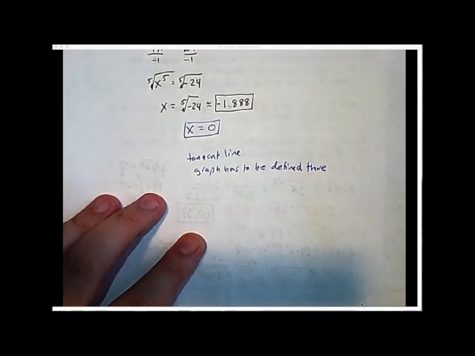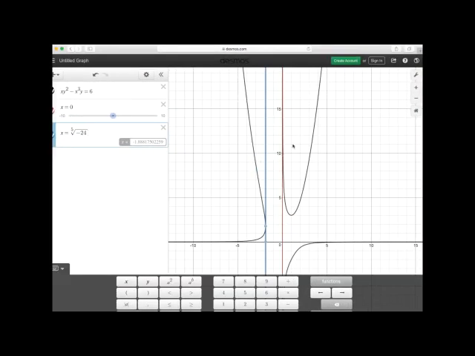So if we look at the Desmos graph, it actually looks like we have a vertical asymptote at x equals 0. So like if I go back to the original function, and the original function said xy squared minus x cubed y equals 6.